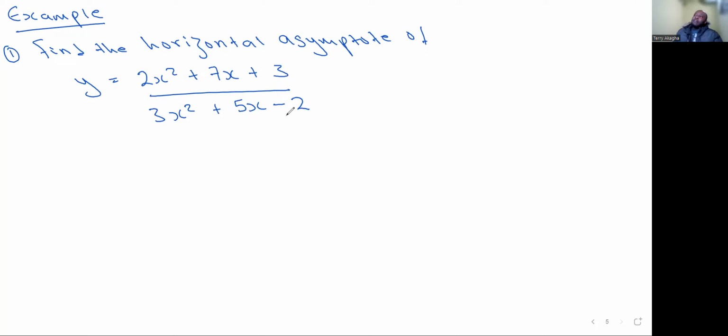Let's assume we have this rational function. This is a rational function because this is the P of x, this is the Q of x, and the d is 0. We've talked about this earlier.